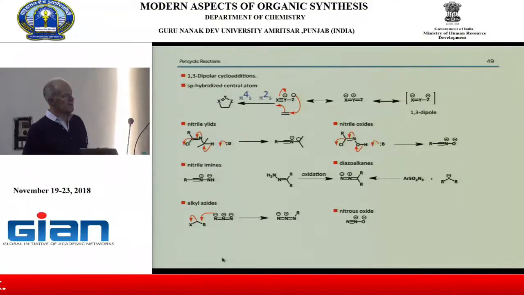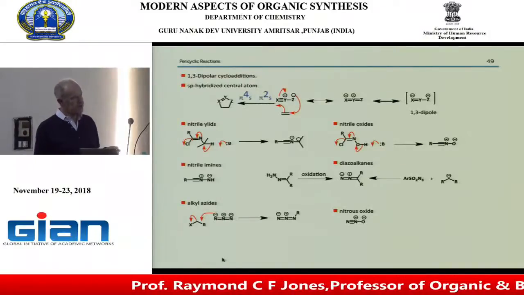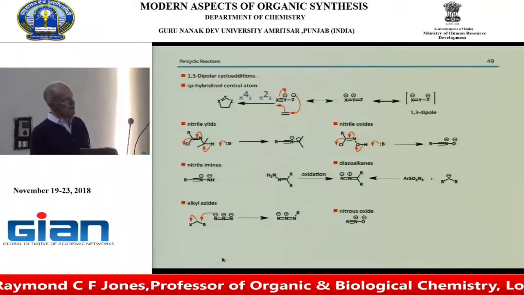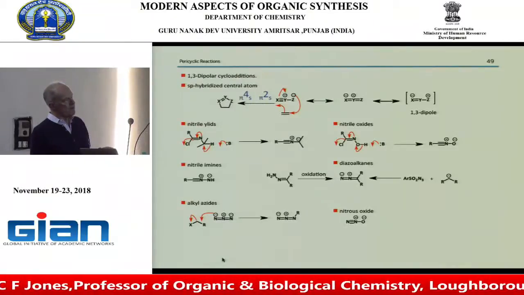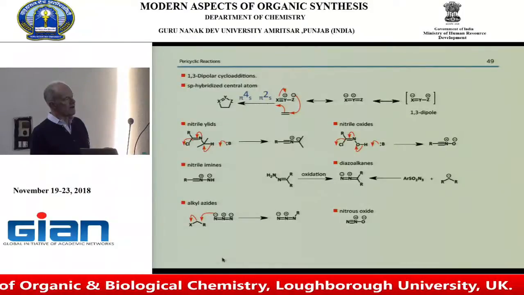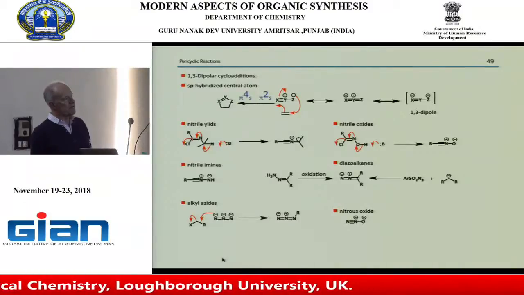Again, you can get those by taking a hydrazone and oxidizing, for example, or coming right round to a nitrile oxide. This is a more oxidized version of the nitrone that was on the previous slide, where you could take a hydroxymoyl chloride, so a C-chlorinated oxime, for example, treat it with base, and you get these nitrile oxides.